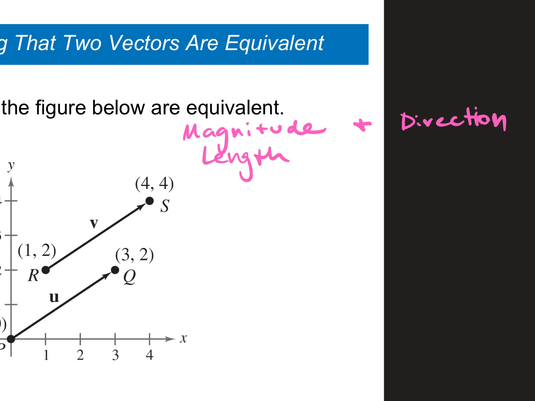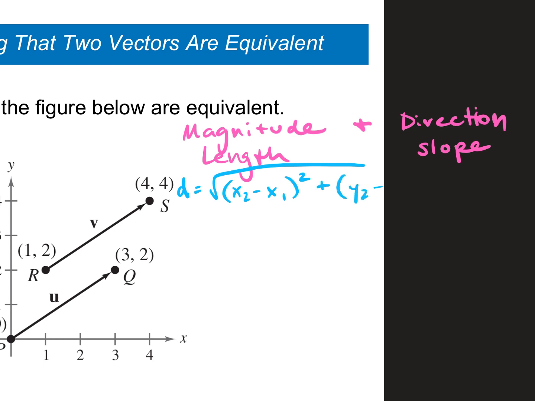How can I tell that these two are going in the same direction? Slope. Anybody remember what our distance formula is? All right, so for our magnitude, we use the distance formula, which is the square root of (x2 minus x1) squared plus (y2 minus y1) squared.